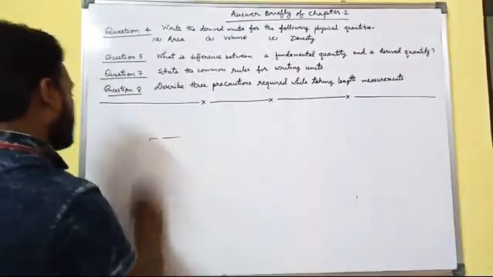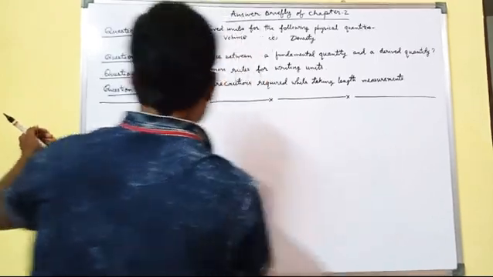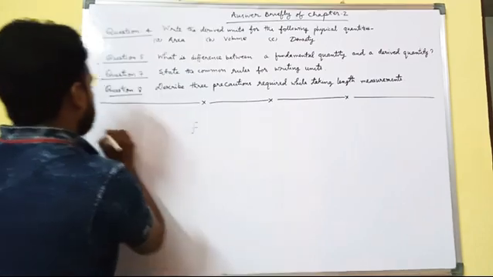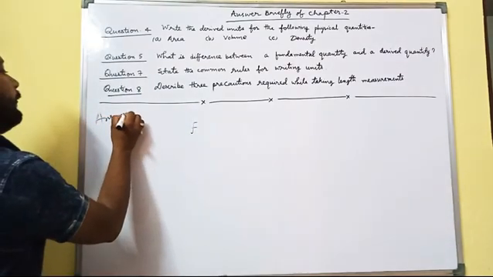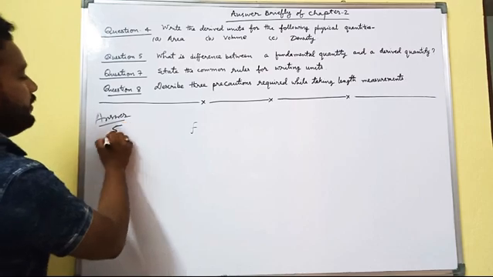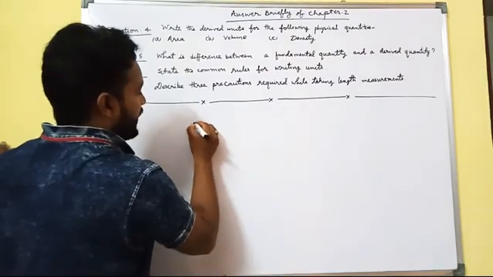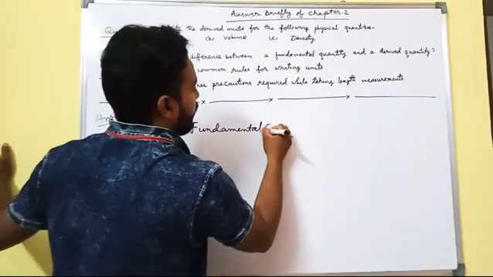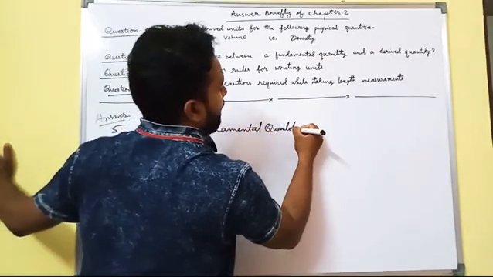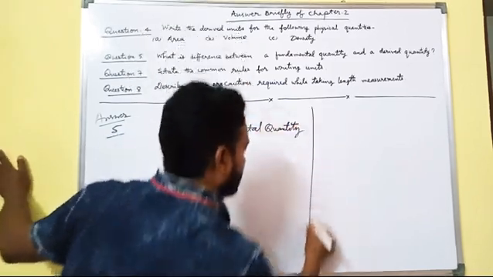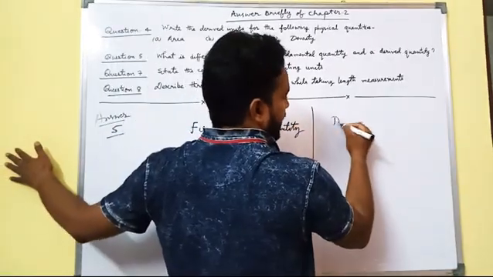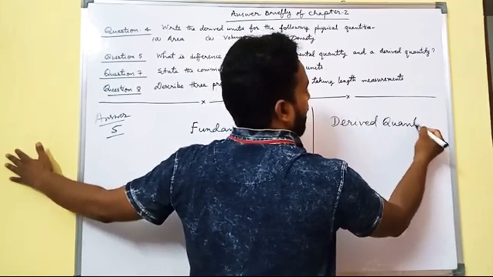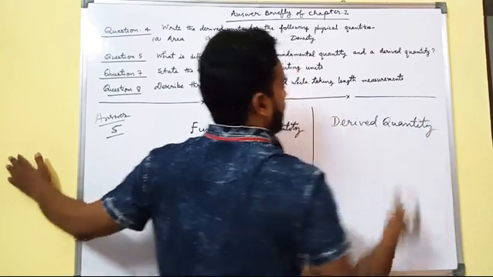This is the answer of question number 5. In the first column you have to write fundamental quantity, and in the second column you have to write derived quantity.